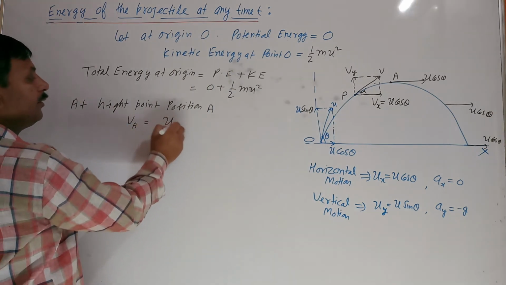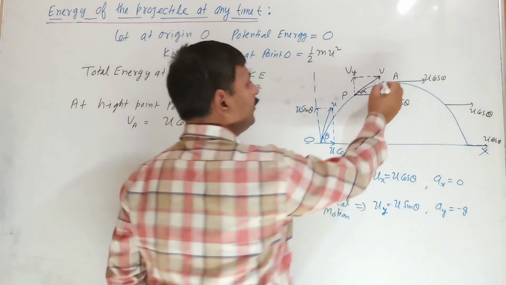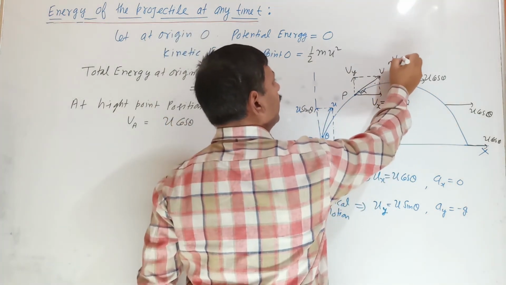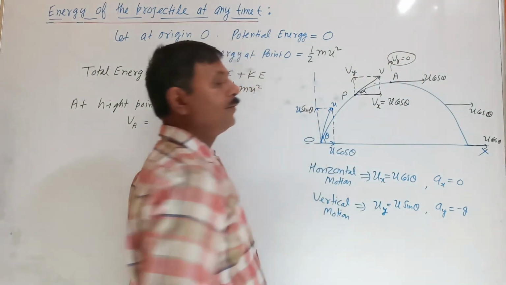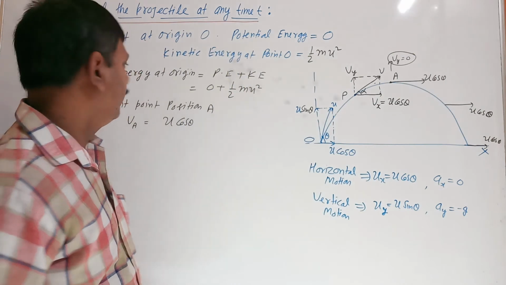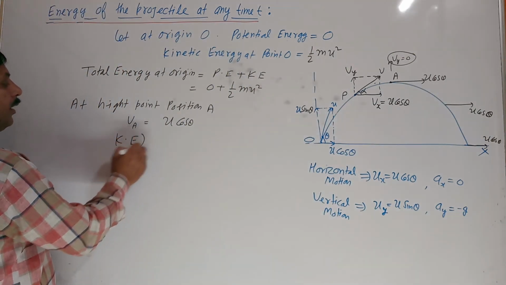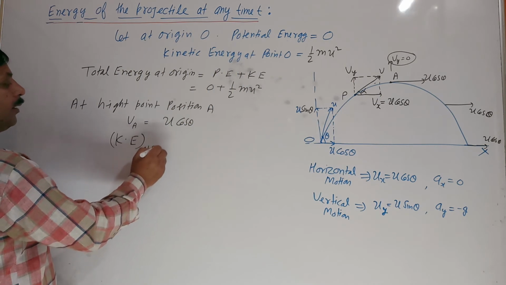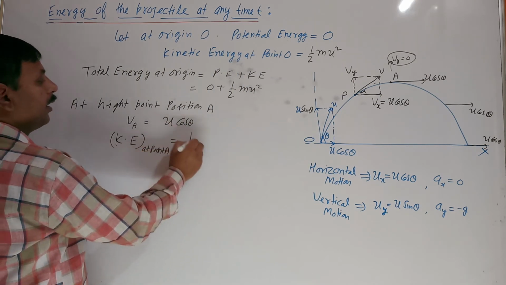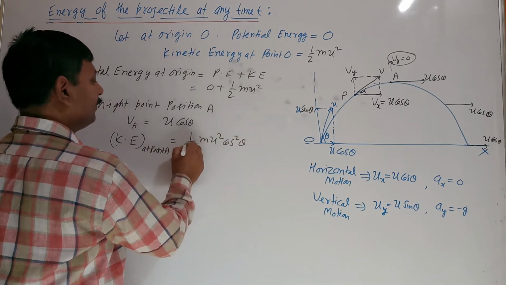Velocity at point A is u cos theta, because the vertical component is 0. There is no vertical component, only horizontal. So kinetic energy at point A will be half m u square cos square theta.